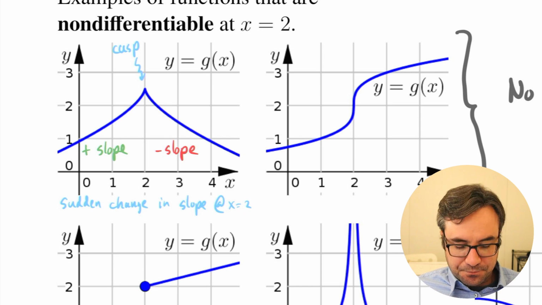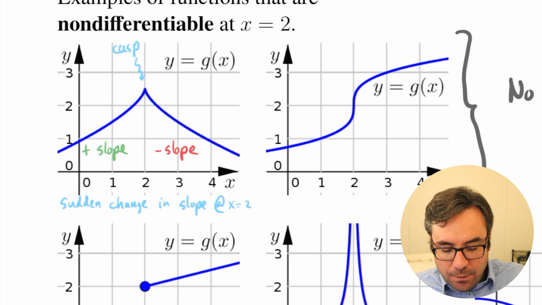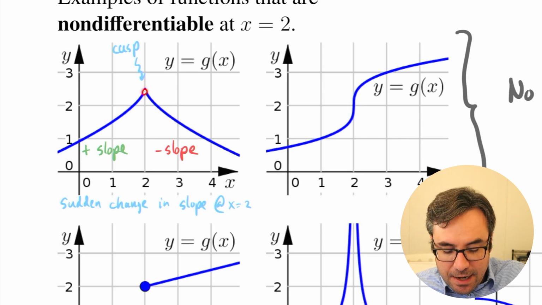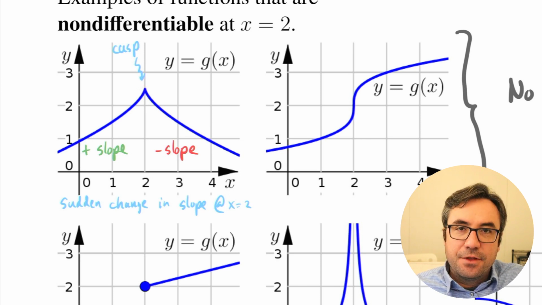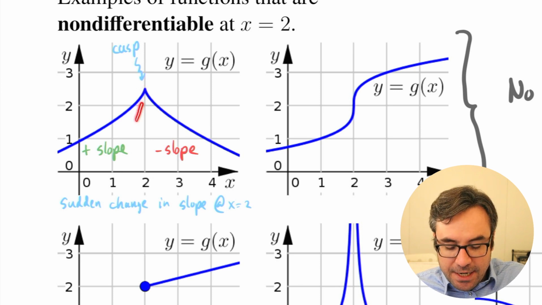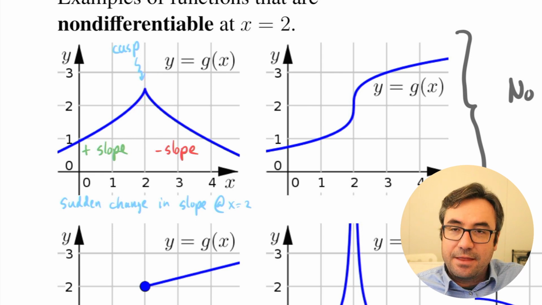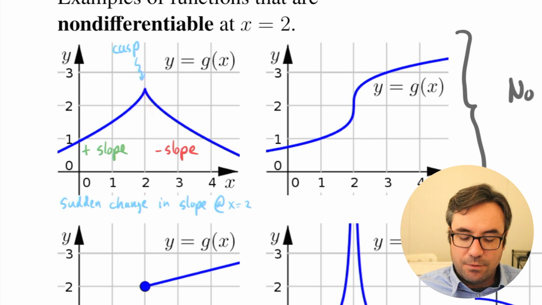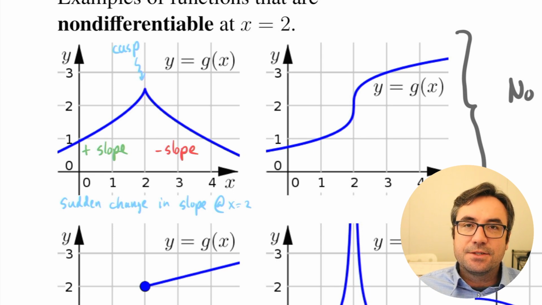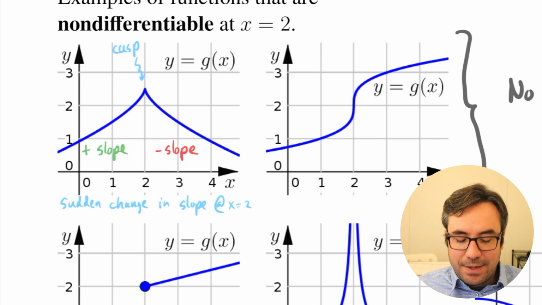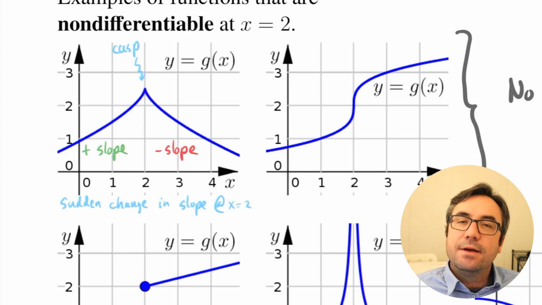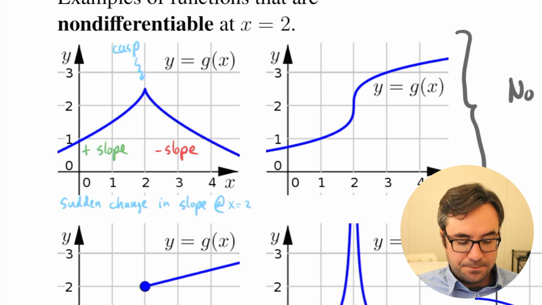And it would be impossible to draw the tangent line at that exact point, because if we're looking at it from the left side perspective, our tangent line would want to look something like that. And if we were looking from the right side perspective, our tangent line would want to look something like that. And so it's impossible to actually draw one specific tangent line at that point. That's what makes it non-differentiable.